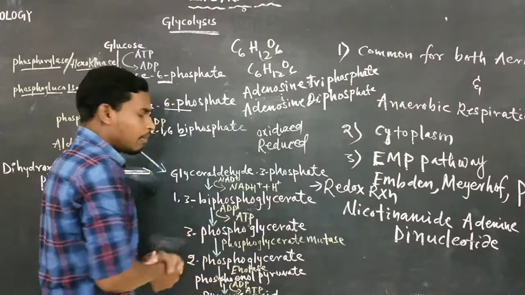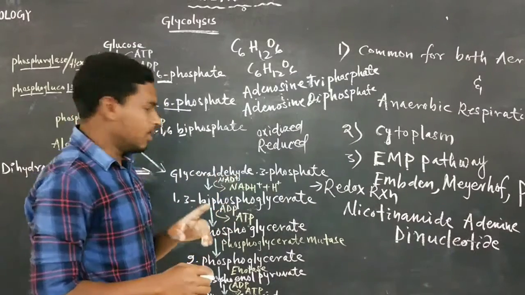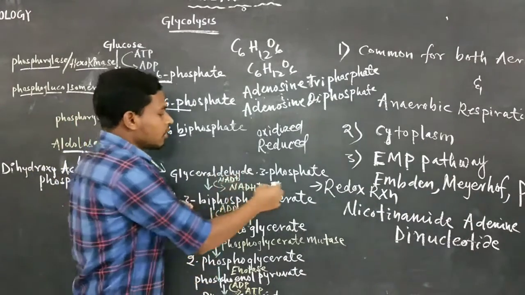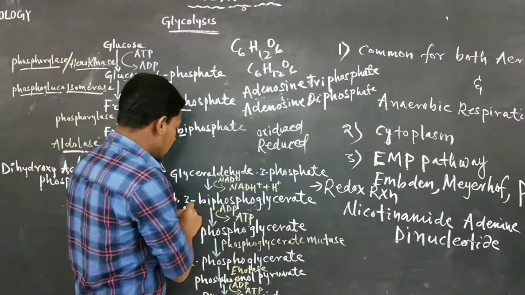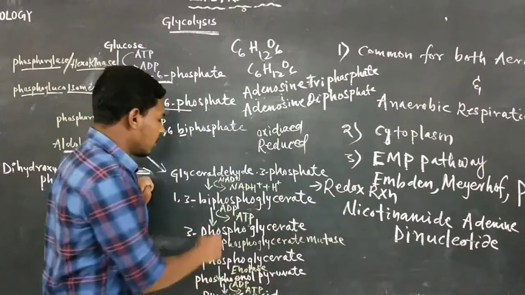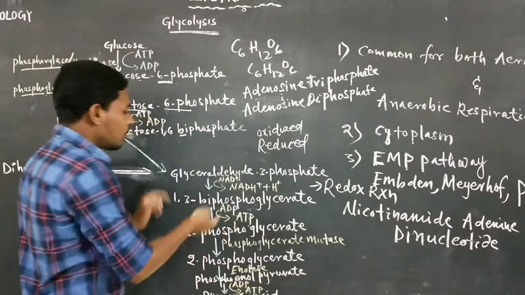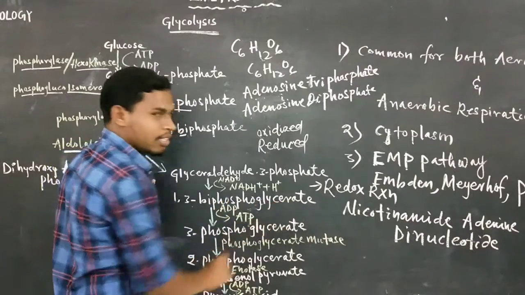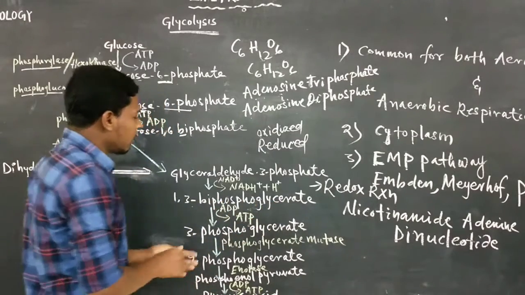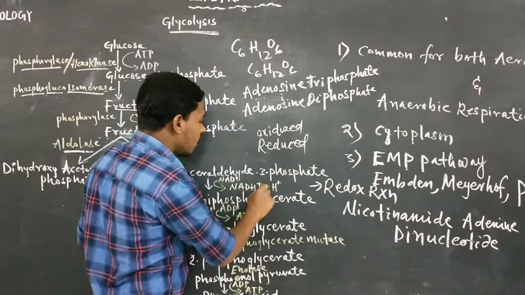That means glyceraldehyde is an aldehyde which gets oxidized by a redox reaction and forms 1,3-bisphosphoglycerate, and here NAD plus gets reduced into NADH plus H plus.